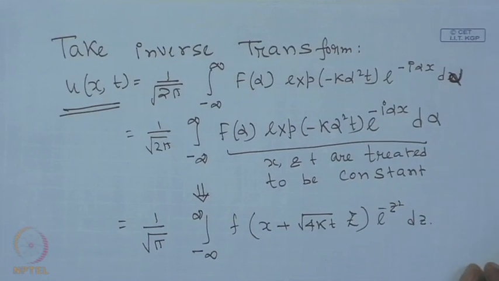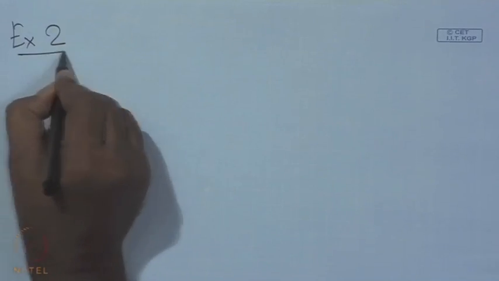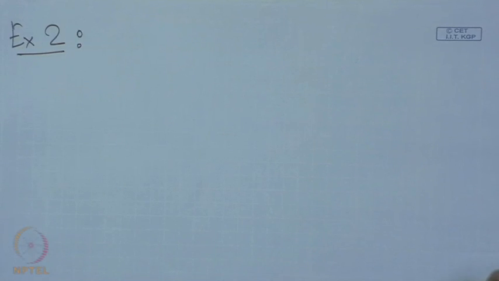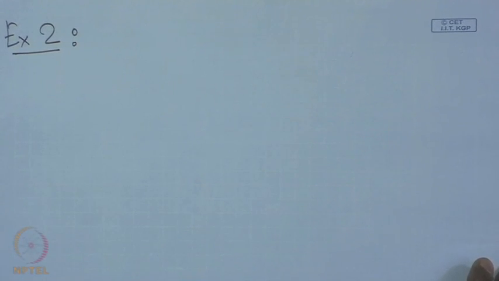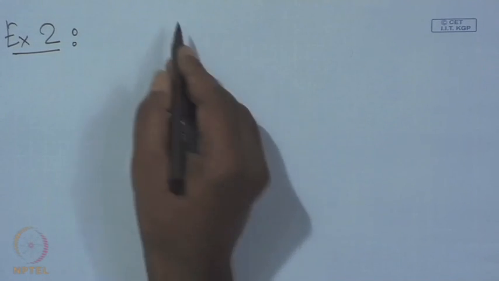Okay. Next, we move over to another example. Let us look into example 2. So, this is again a flow in a semi infinite medium.